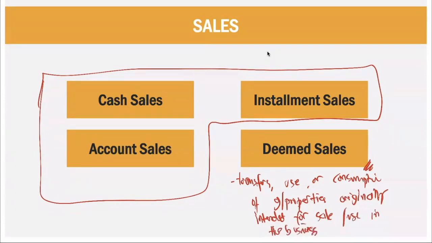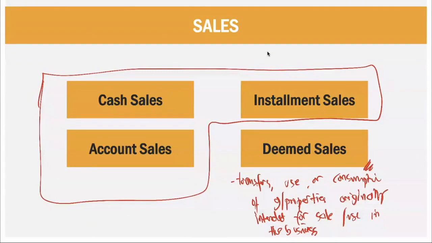Okay? So the transfer, use, or consumption of goods or properties originally intended for sale or use in the business. So this one, you have already a particular inventory. Those are goods or properties you intend for sale. However, you transfer it or you use it or you consume it, not considered as a sale to a third party.